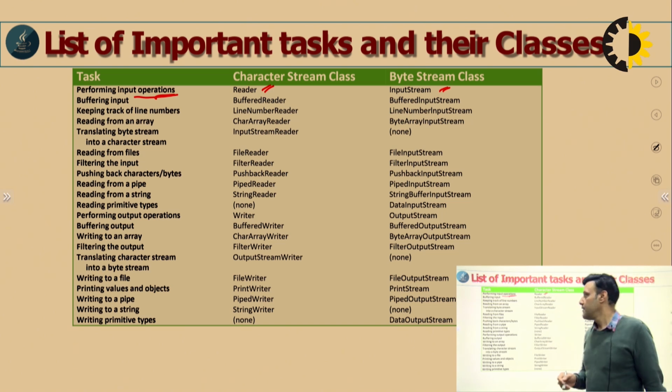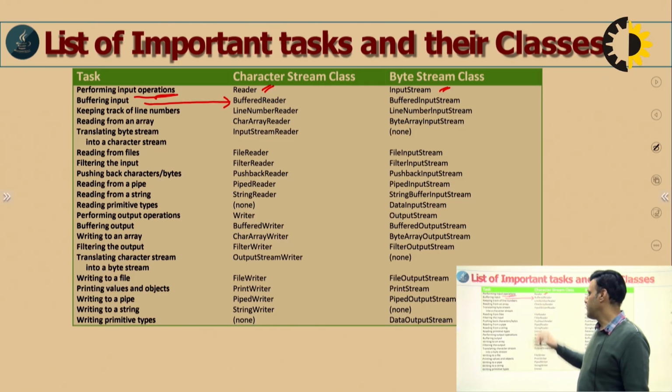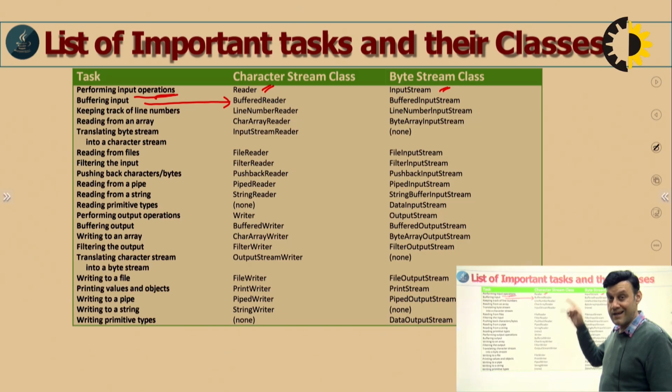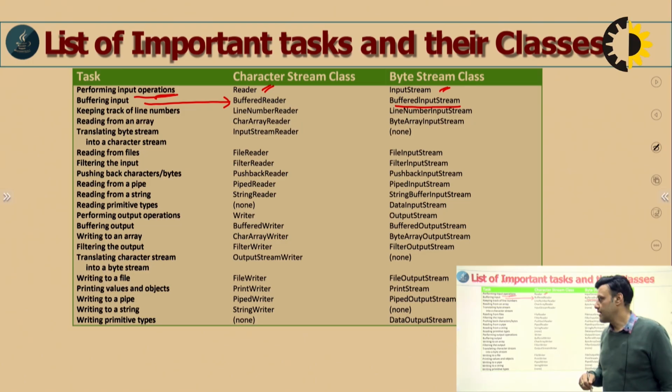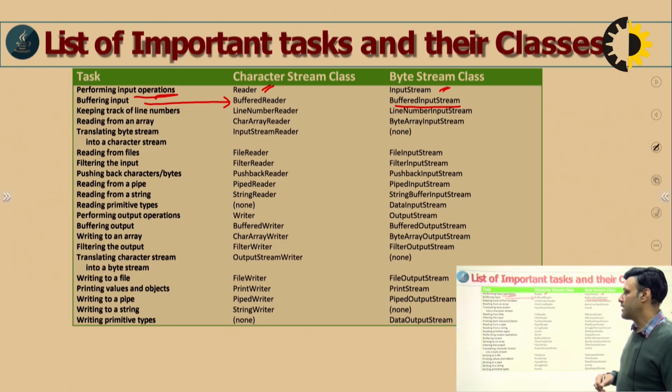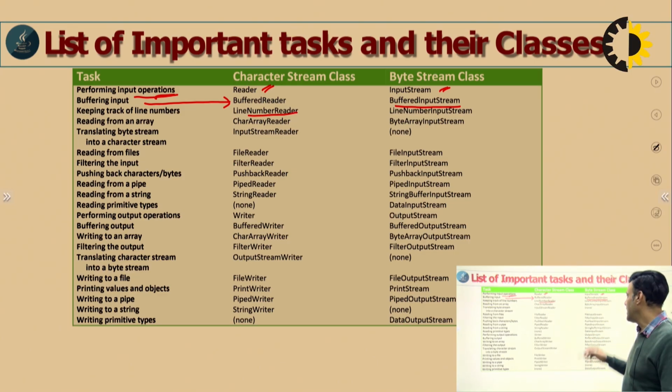For buffering input, in character stream we have buffered reader class, and in byte stream we have buffered input stream class. To keep track of line numbers, we have line number reader in character stream and line number input stream.